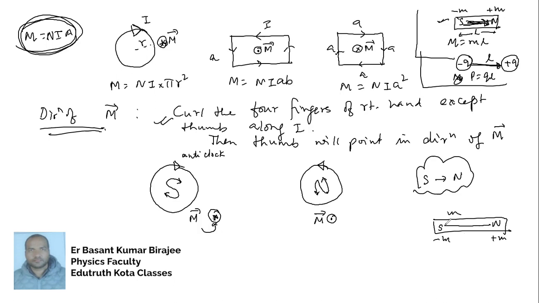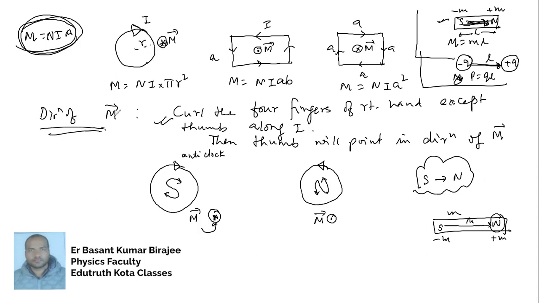And here, the direction of the magnetic moment, as found by the right hand curl rule, is inward, perpendicular to the plane of the loop. This means the inner side is the north pole of your loop, and the outer side is the south pole.